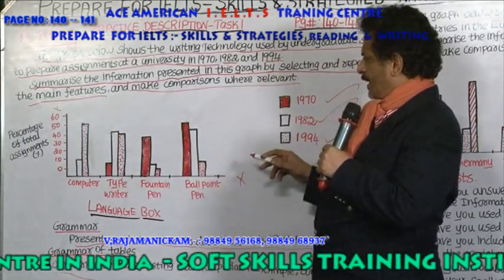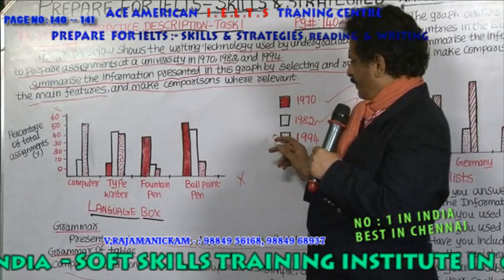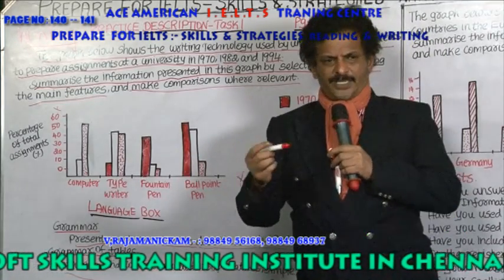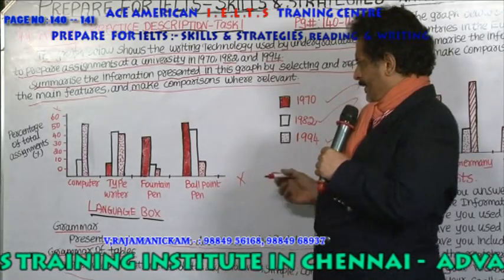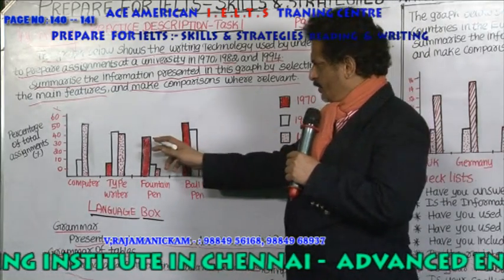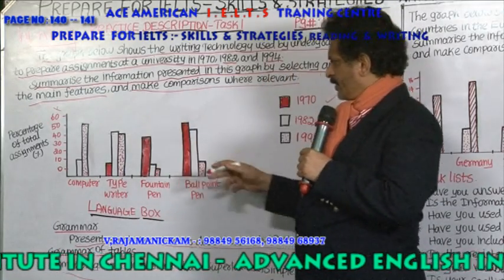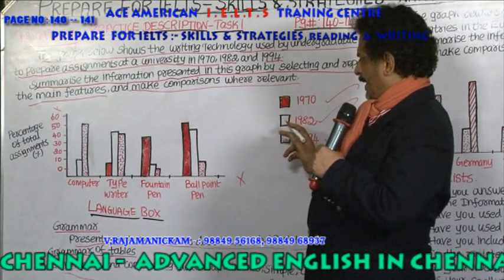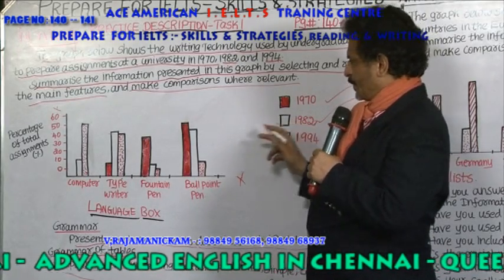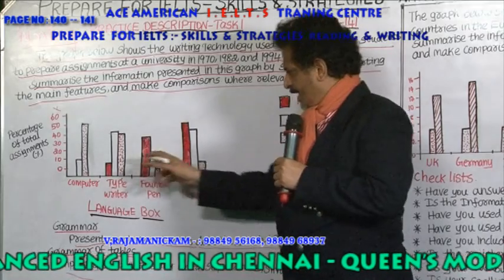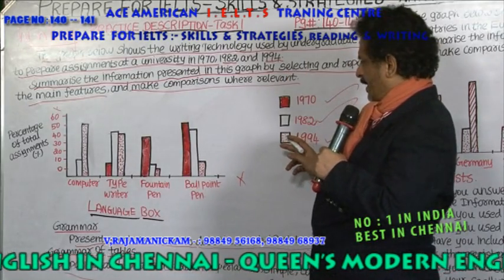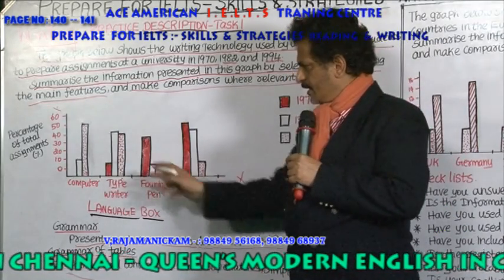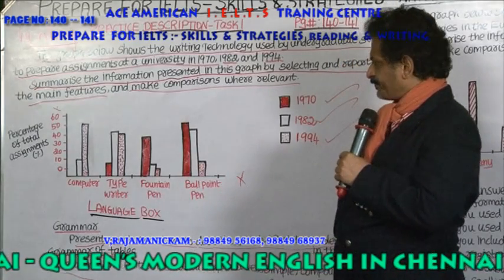Same thing for the fountain pen, the ink pen. In 1970, it is almost 35 or 30. In 1982, it was around 5. And in 1994, it is 3 or 2, in that range.